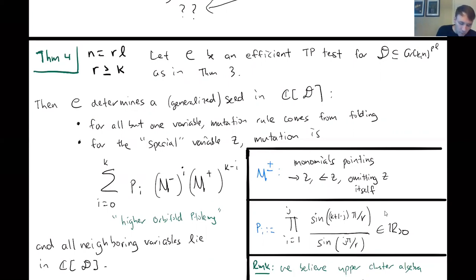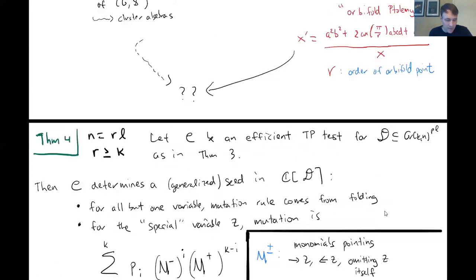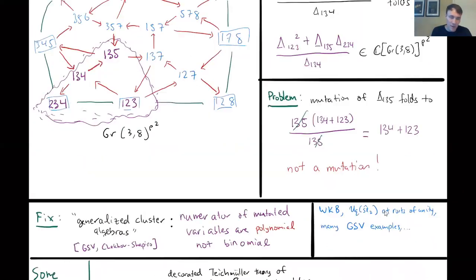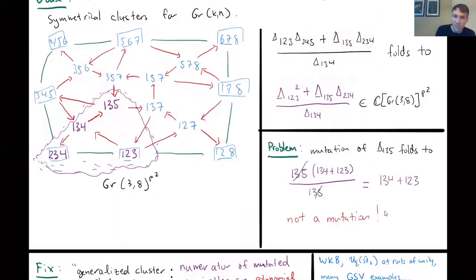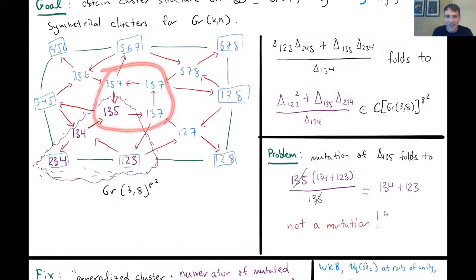So for all but one of the variables, the mutation rule is just the rule you would write down naively by folding, as I was showing you above. The picture is always that there's an inner orbit of bad variables, and then outside that inner orbit, everything is kosher.